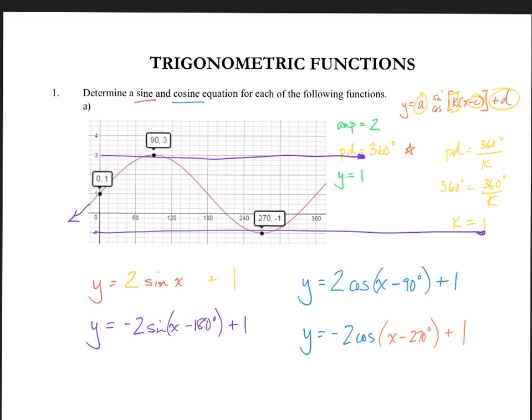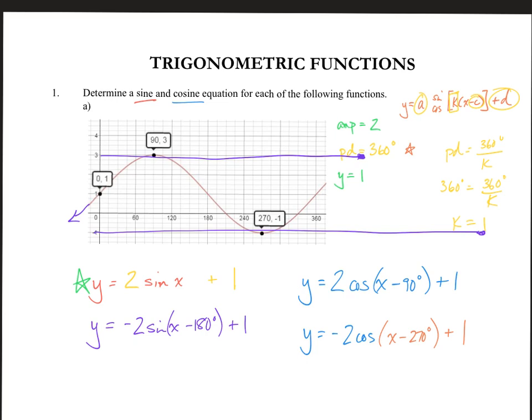So, if I were to see a problem that said build the equation to that curve, and it didn't define that I had to do a sine and a cosine, I only had to come up with one, that would be my number one choice. Because it doesn't require a phase shift, it's less transformations for me to consider, less work.